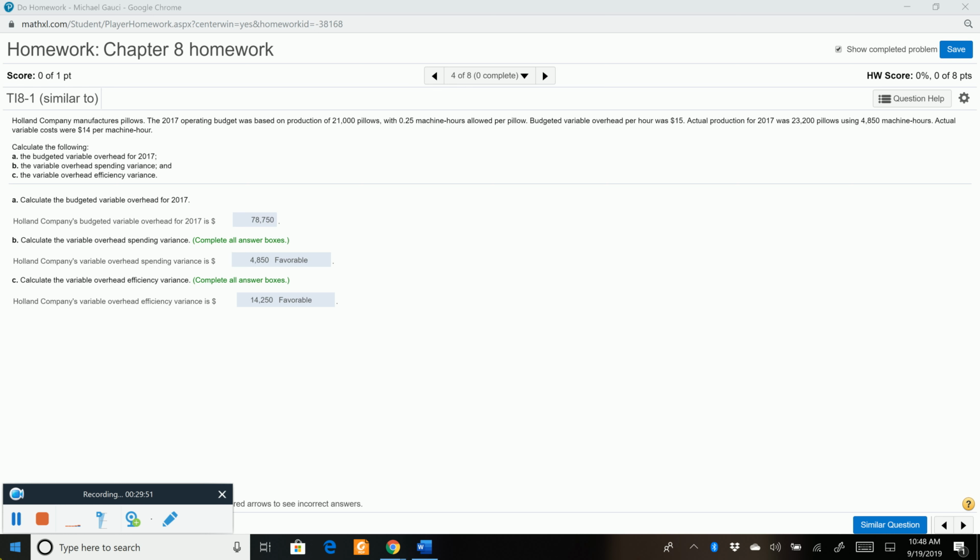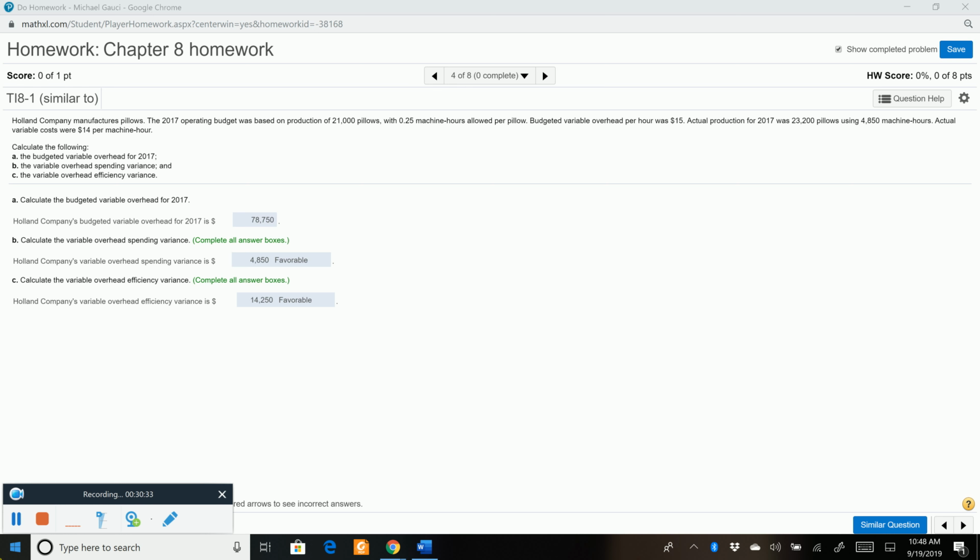The original static budget, the original planning budget, was based on making 21,000 pillows, 0.25 machine hours for one pillow, at a predetermined variable overhead rate of $15 per hour. So the original planning budget for overhead was 21,000 times 0.25 times 15, which is 78,750. That was question A that the author was asking for, the original planning budget.